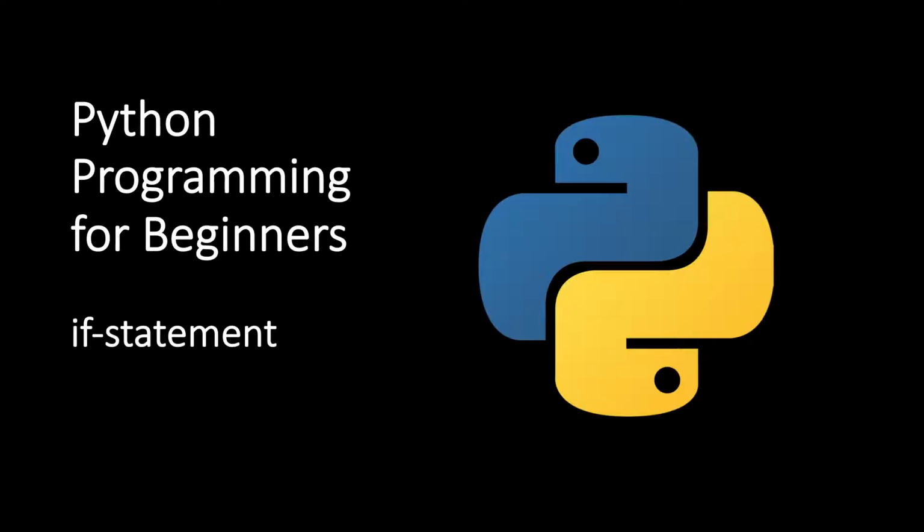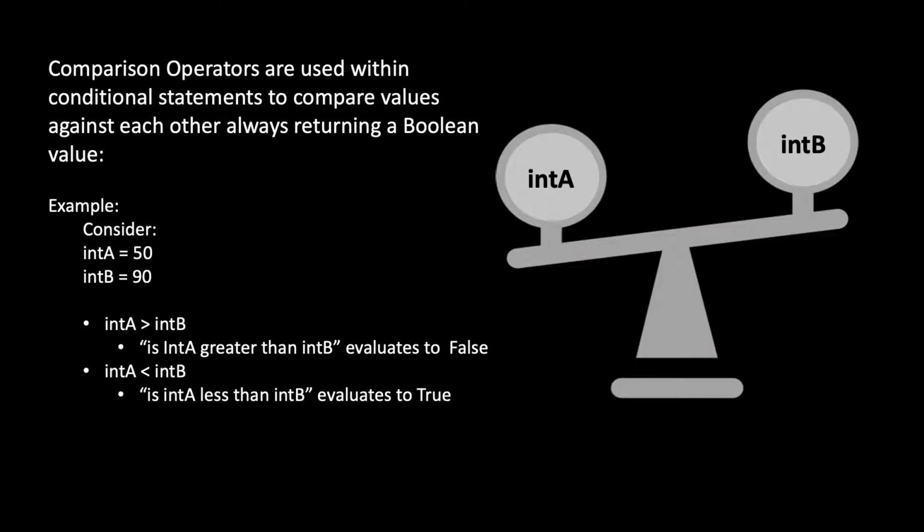The first conditional statement we're going to look at is something called an if statement. To perform the comparison, Python provides us with comparison operators, and these are used within conditional statements to derive our true or false. So I've declared 2 integer values. Int a is equal to 50, int b is equal to 90. And we're going to ask 2 questions.